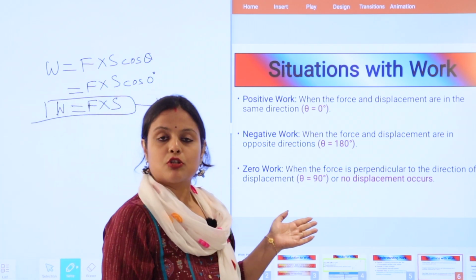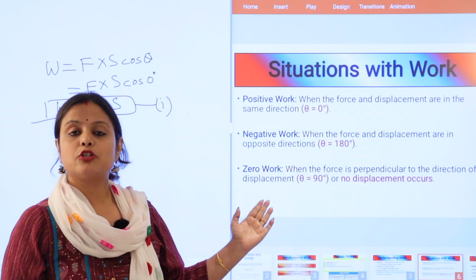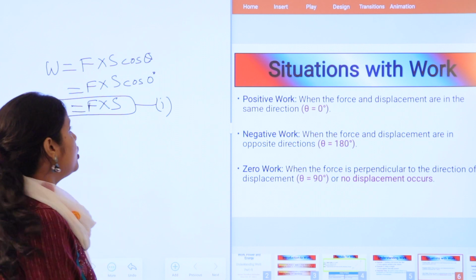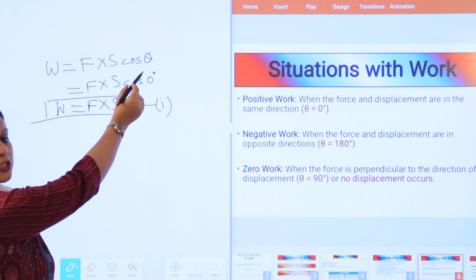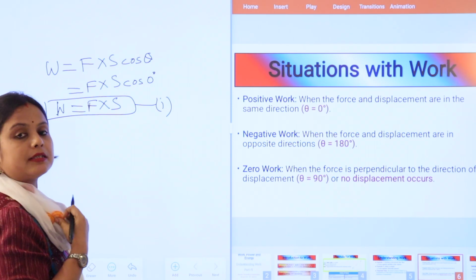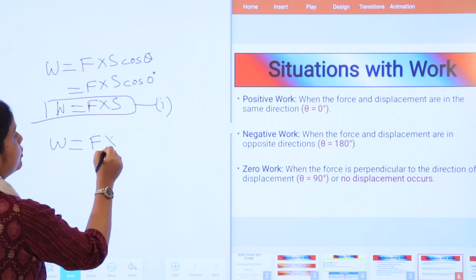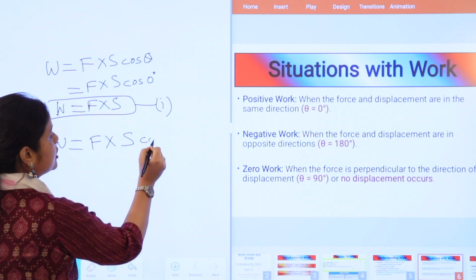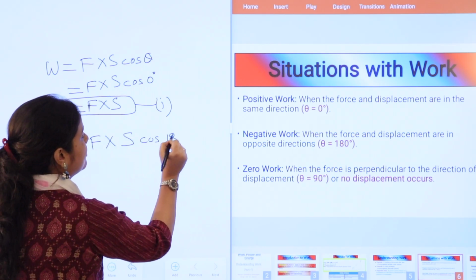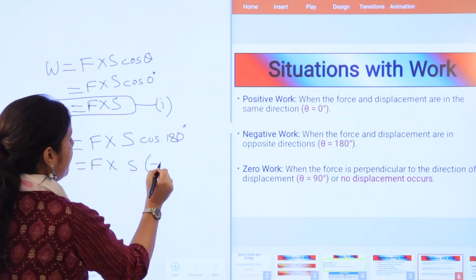Similarly, negative work is also done. How is it so? Where the angle theta is considered to be 180 degree. So we replace theta with 180 degree and cos 180 degree is minus 1. So W equals F into S cos 180 degree, that means F into S into minus 1.